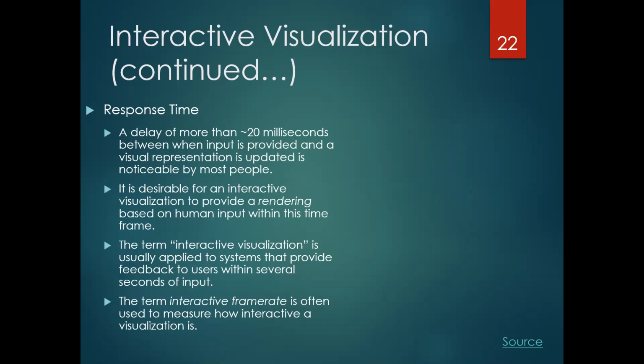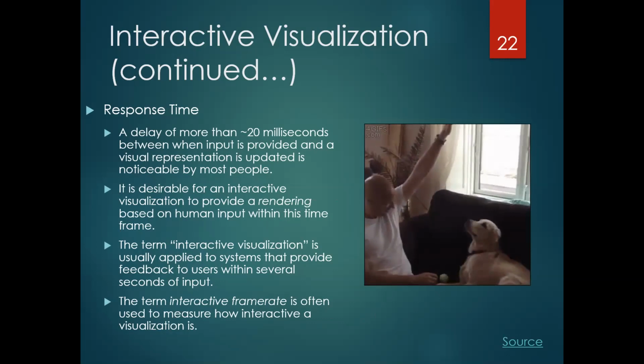So it is desirable for an interactive visualization to provide a rendering based on human input within this time frame. Or if your response time is too long, you will feel the delay or the lag. If you play online video games, you know what I'm saying.